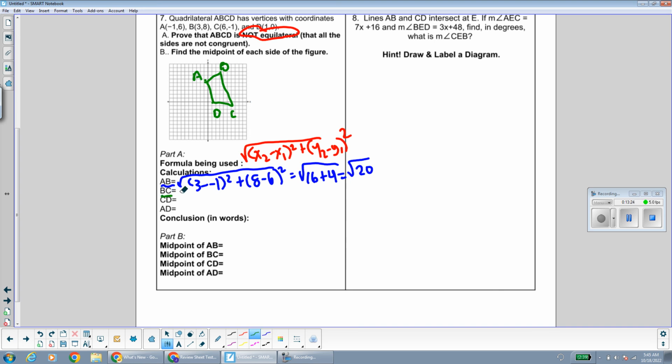BC, 6 minus 3 squared plus -1 minus 8. 3 squared is 9 plus -9 squared is 81. And that gives us radical 90.